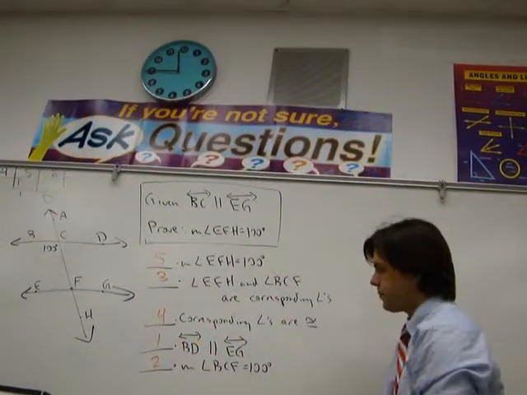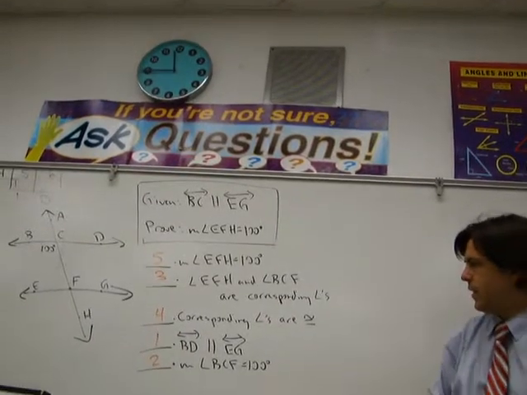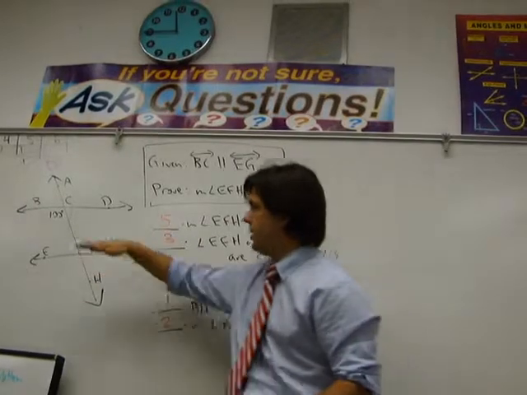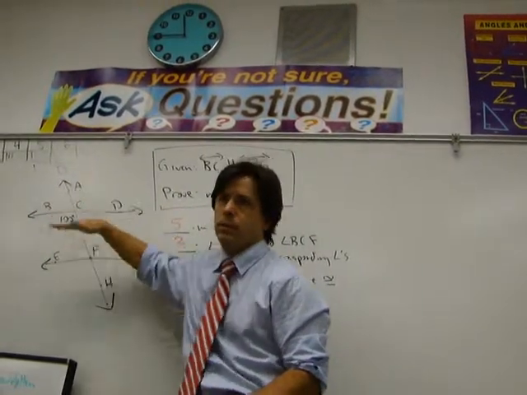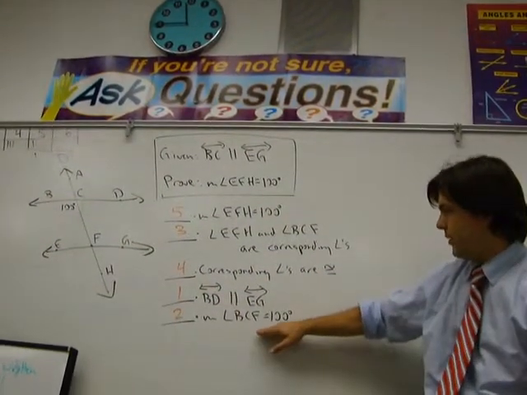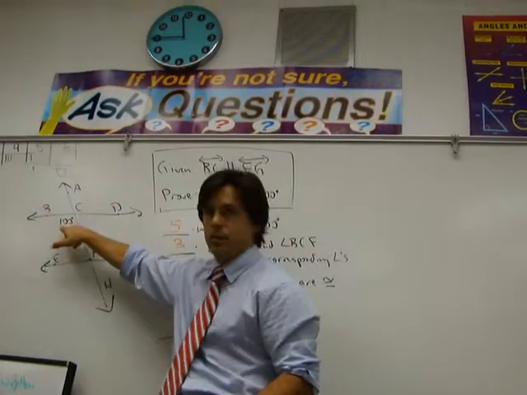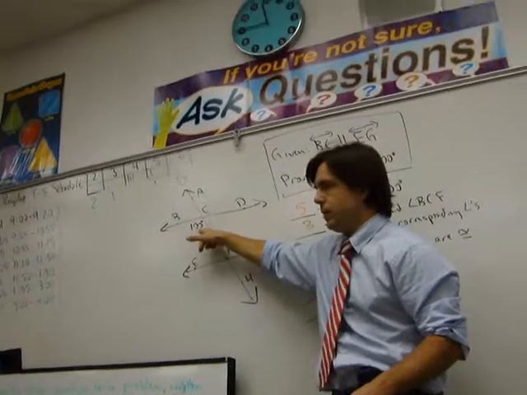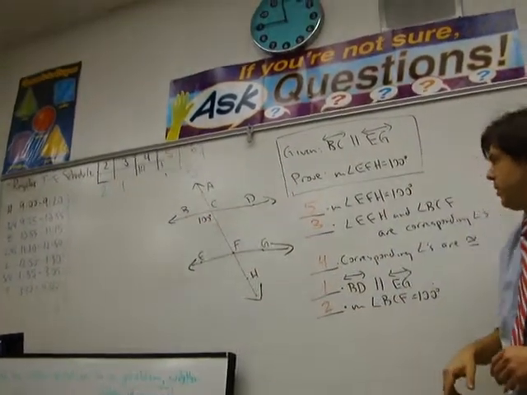There's our 4. So observe again what we're really saying. We're saying that line BD is parallel to line EG. We have parallel lines. Next we're saying that the measure of angle BCF is 100 degrees. It's given right there in the drawing. So if we have parallel lines and we know this, we can start to prove some other things.